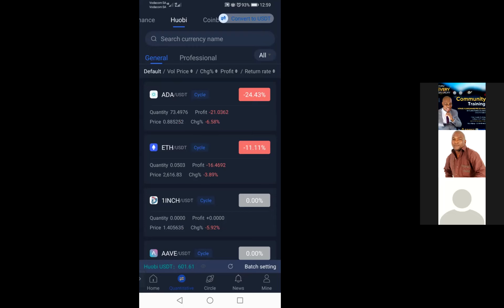That is beautiful. Rather than you have that 600 that you see, you take that 600 and buy Ether at this moment when the price of Ether is $2,600. No. It's possible that thing can drop to 1.8 thousand. But let the robot be the one that is getting more quantity for you when it's profitable to do so.